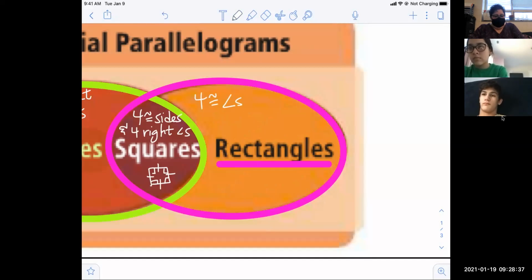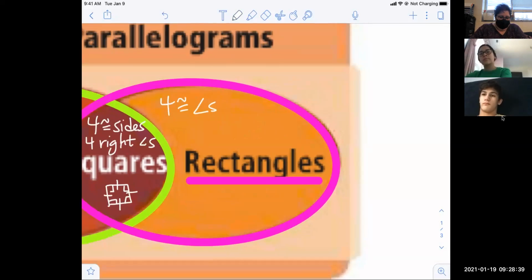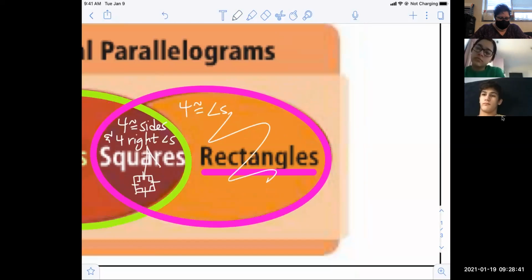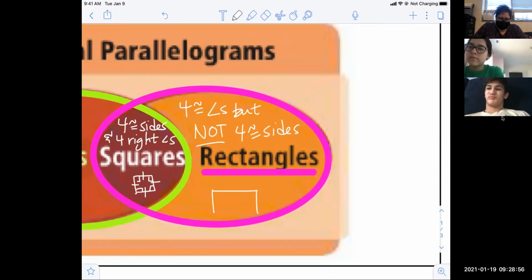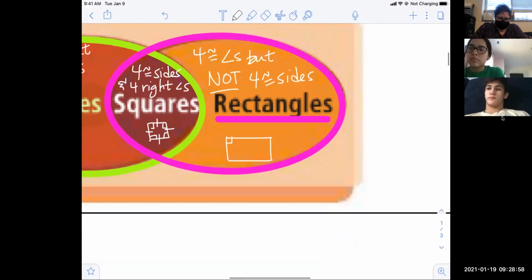They're different, because if they were all the same, it'd be a square and it'd be in here. So the rectangles that are out here are going to have 4 right angles, but their sides will not be the same.